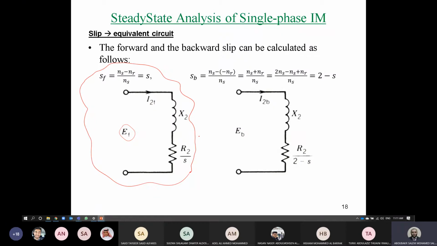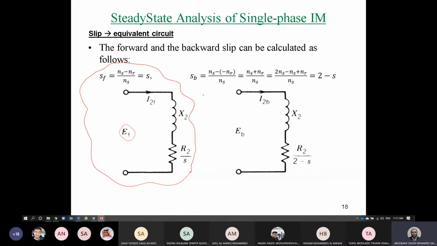The flux was sinusoidal, and all of the backward flux was cancelled. So the forward flux effect on the equivalent circuit will be the same as the three-phase induction motor. So this is now the equivalent circuit due to the part of forward flux. But what about the other part, the backward flux?